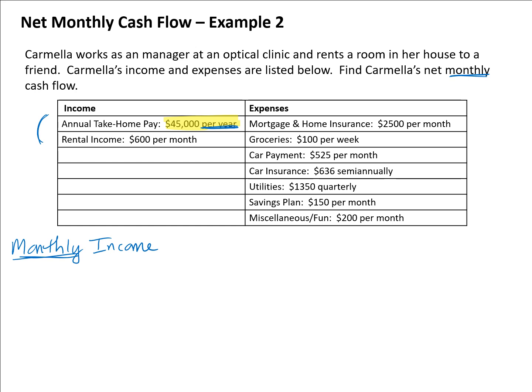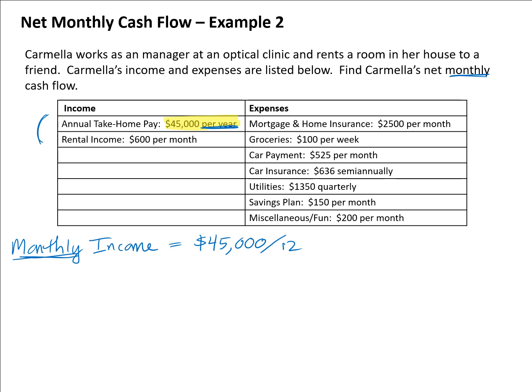So we need to convert this income per year, $45,000, to a monthly amount. Since there are 12 months in a year, we're just going to divide by 12. So her monthly income from her job is $45,000 divided by 12. She has one other piece of income each month, and that is rental income from her friend renting the room.